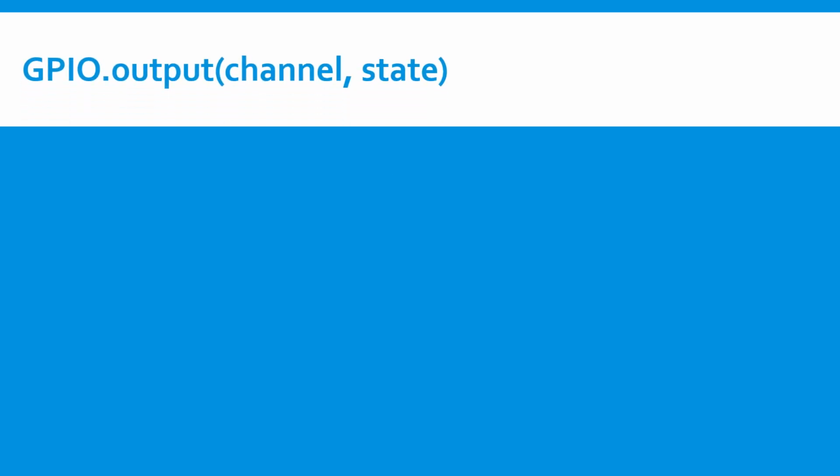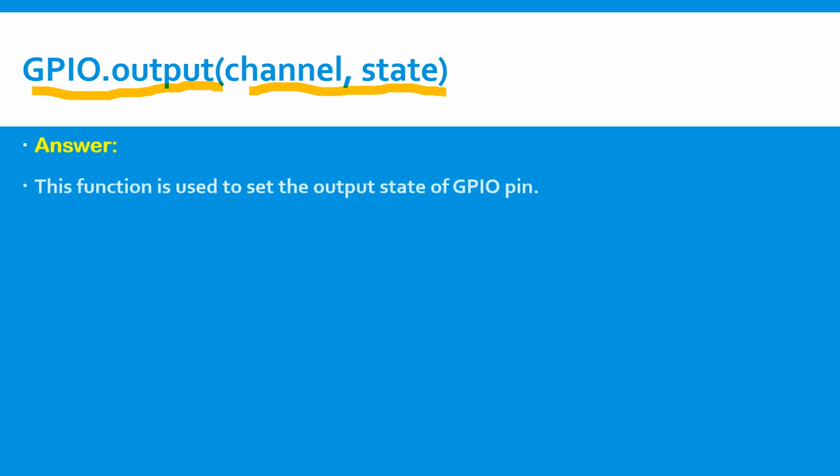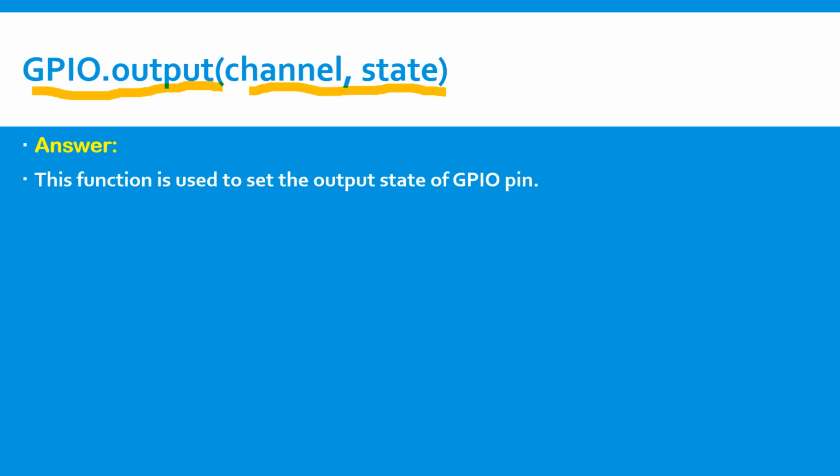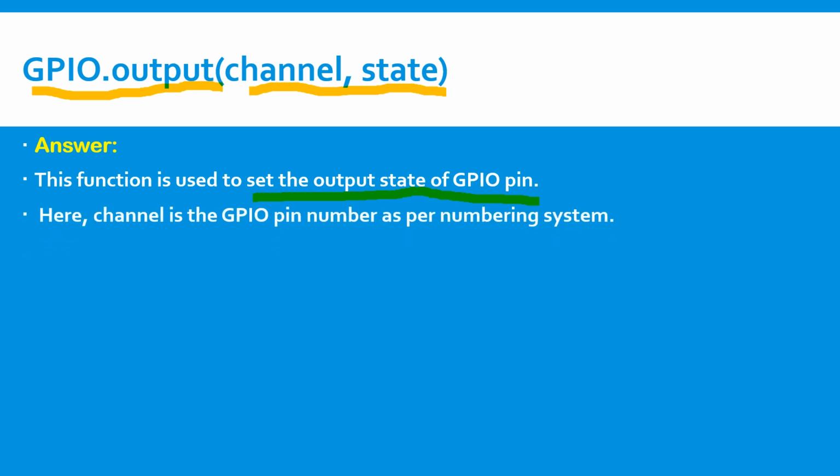Now let's go for the next GPIO function, that is GPIO.output channel comma state. This function is used to set the output state of GPIO pin. Here we are using this function to set the output state of the used GPIO pin.